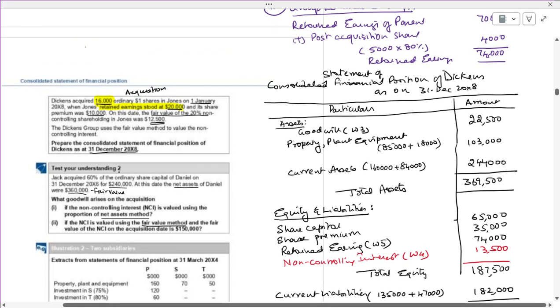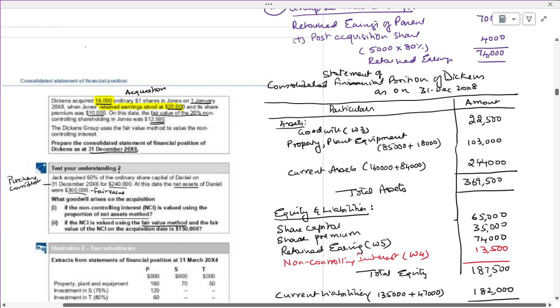How much have you purchased? How much have you acquired? 60% ordinary share, for 240. It is the purchase consideration.